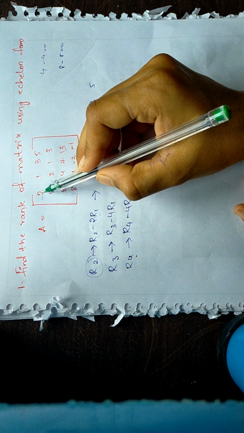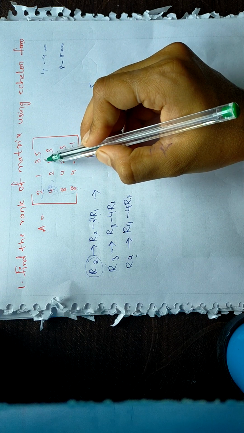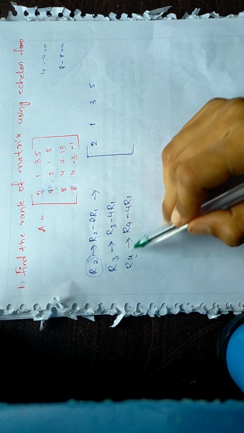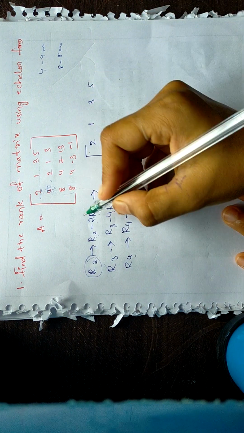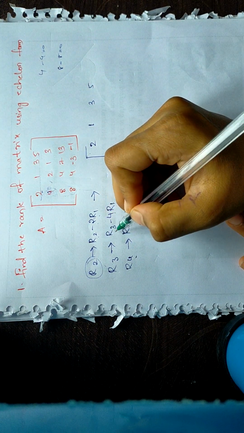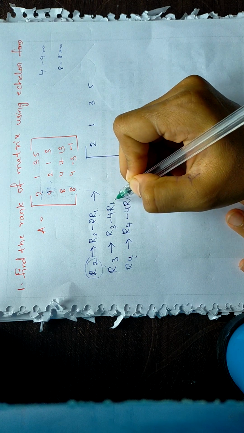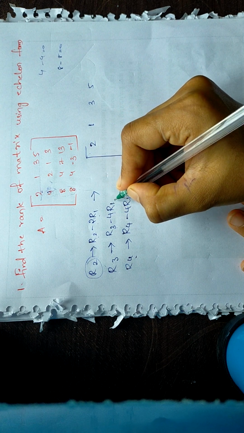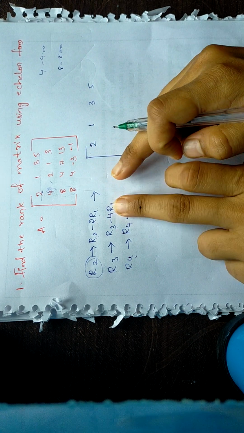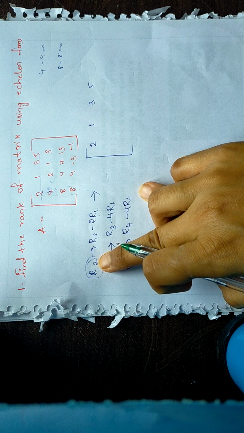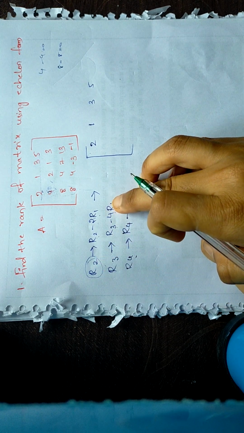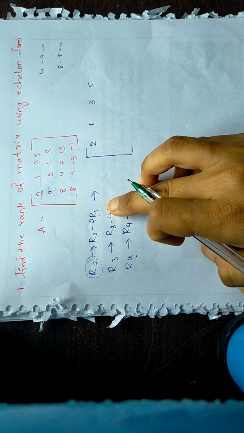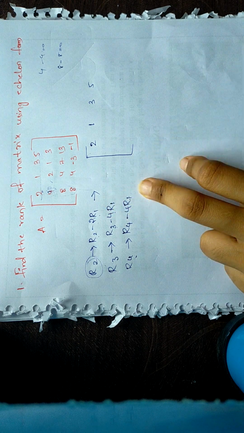That means we are multiplying an integer value with R1, and R1 we haven't changed in this operation. For example, if I want to update R3 minus 4 R2 instead of R1, I am doing it with 4 R2. But before that I am updating R2, right? So when you are doing this operation with R2, you have to do it with the new matrix.